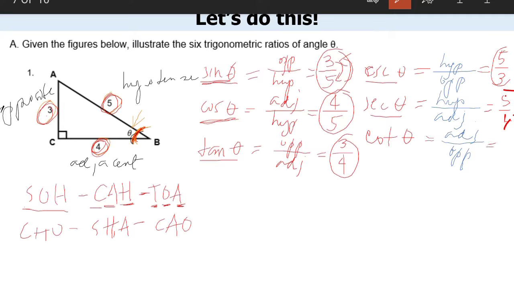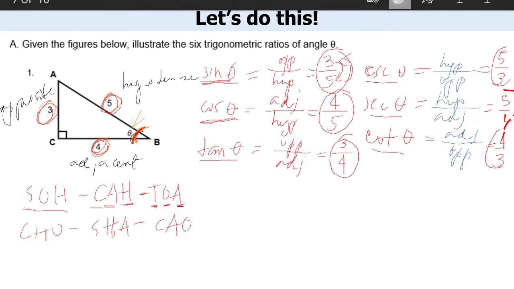And your cotangent theta is 4 over 3. So easy as that. I hope you learned this activity. So how will you illustrate the 6 trigonometric ratios of angle theta or the reference angle?